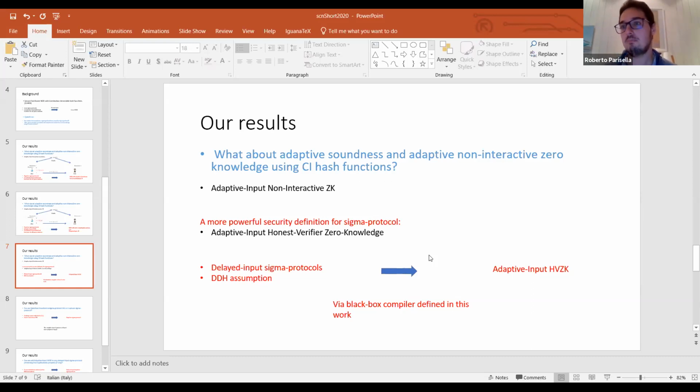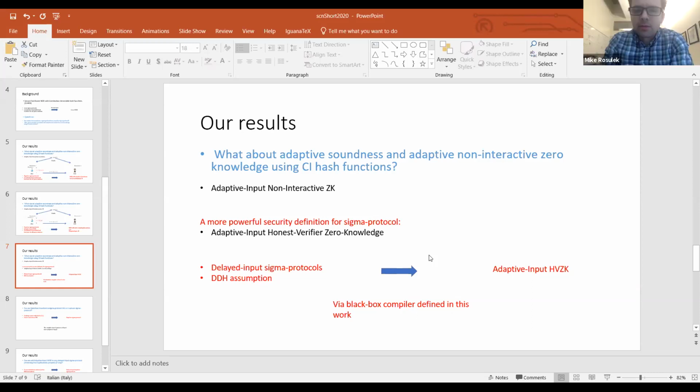This property ensures us that the zero knowledge holds even against an adversary that can do that. So once again, we have a two-phase simulator. The first one is given the challenge but not the statement, and has to compute the first message. And the second phase receives the statement and has to compute a valid third message.